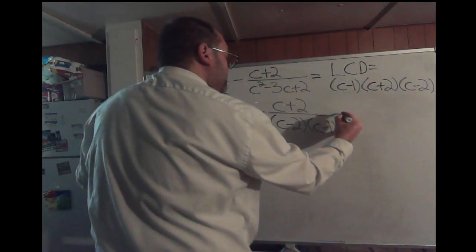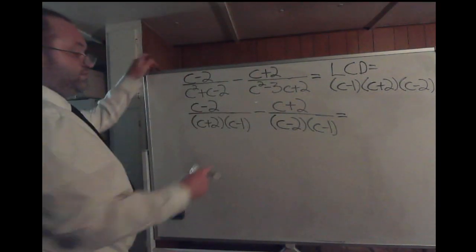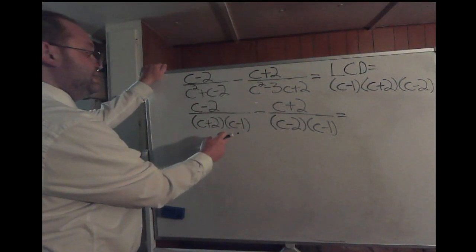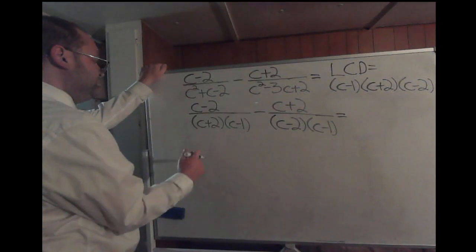Now, we need to convert the first denominator into that common denominator. We got to multiply by c minus 2.